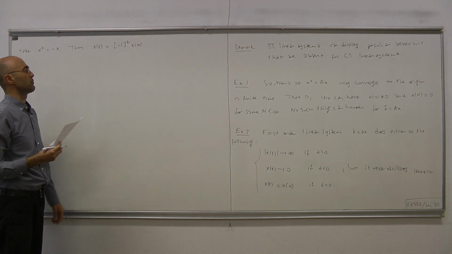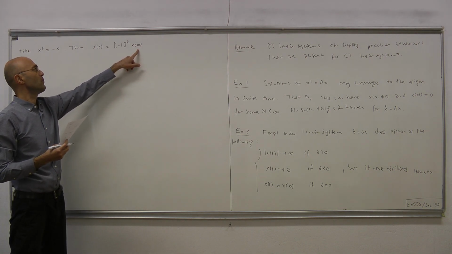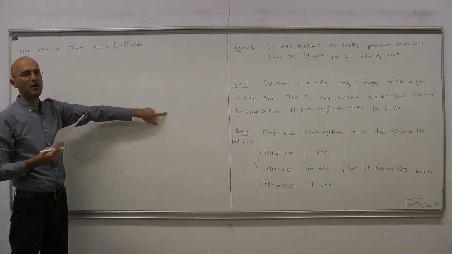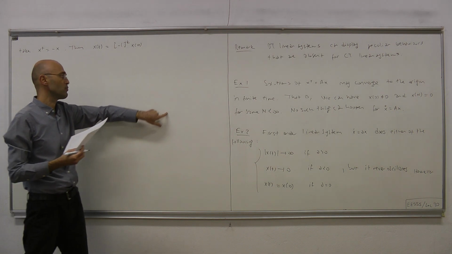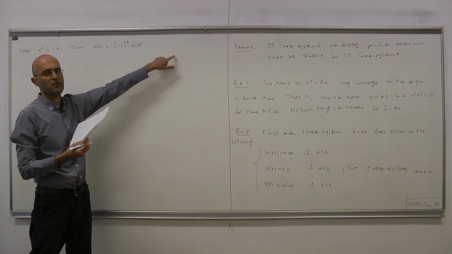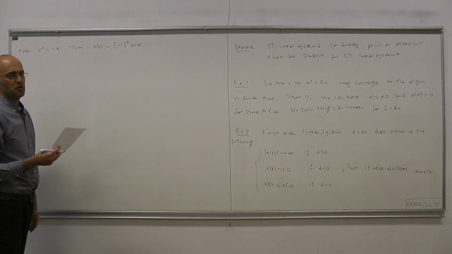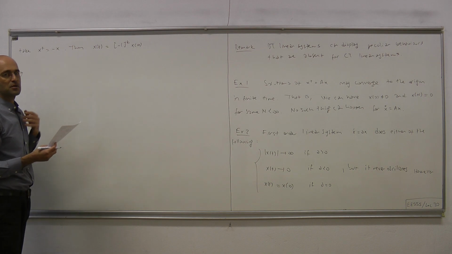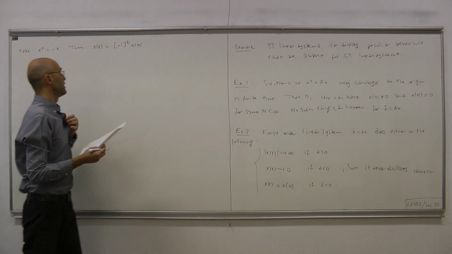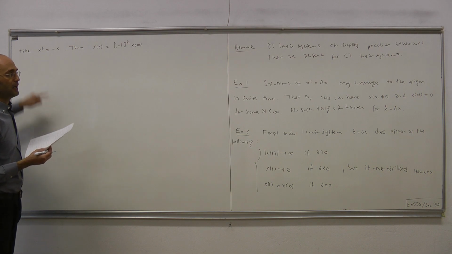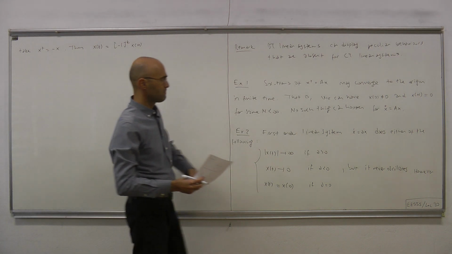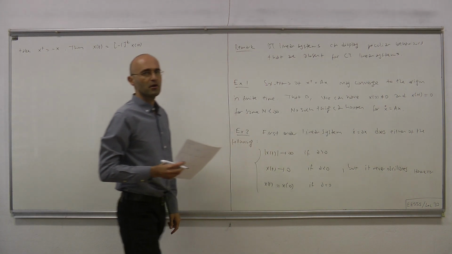So if you start at, let's say, 3, then at the next time step you're at minus 3, and then at the next time step you're at plus 3. So you oscillate back and forth between minus 3 and plus 3. In other words, oscillations are possible even for a first order linear system, but no such thing can happen for a first order continuous time system.